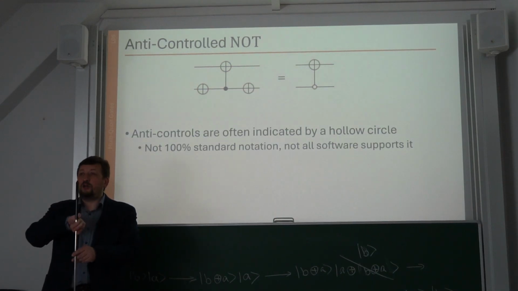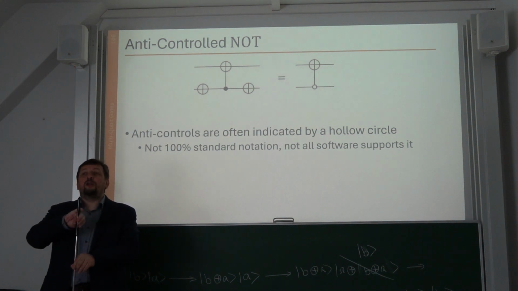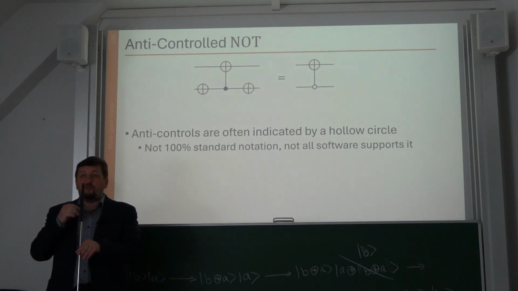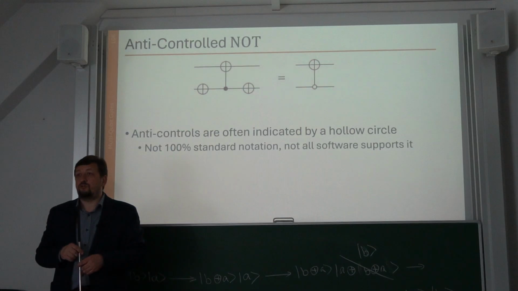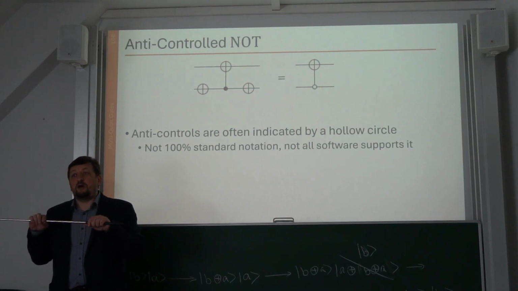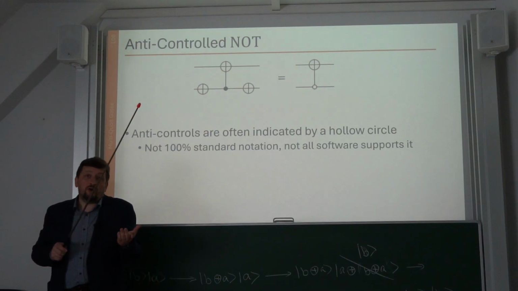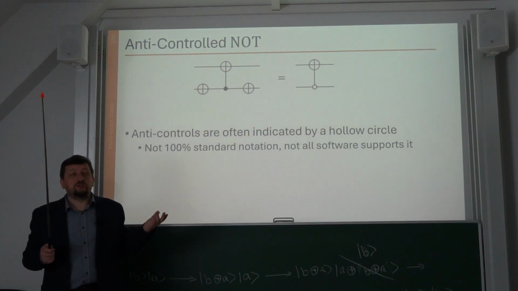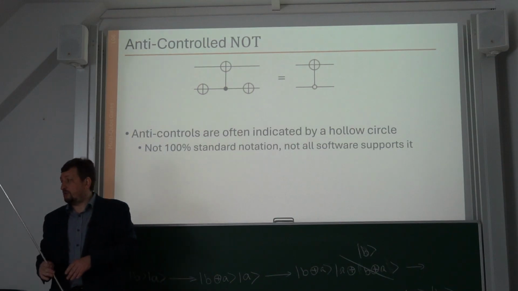This control NOT gate distinguishes between the 0 and 1 state of the control qubit. Sometimes we want to use different conditions. We want to apply the gate when, say, the qubit is in state plus or minus. So how to do it? Well, we should use a sandwich along the control line. Well, and so on.